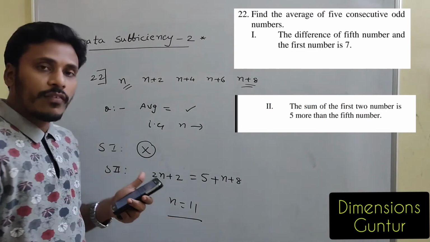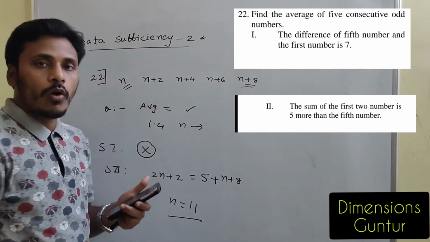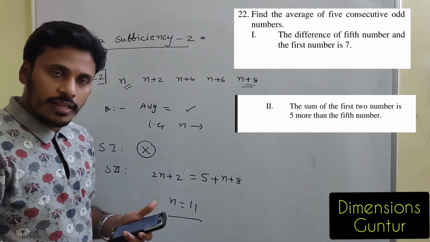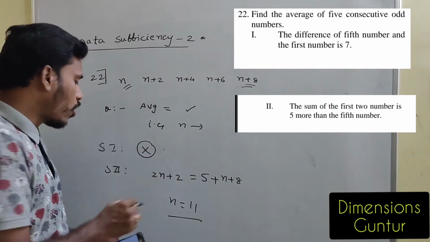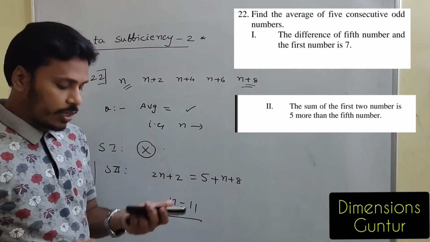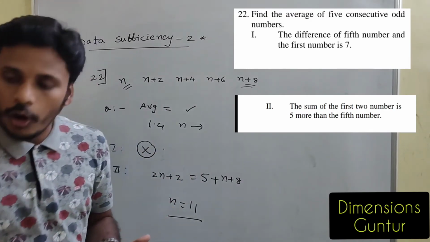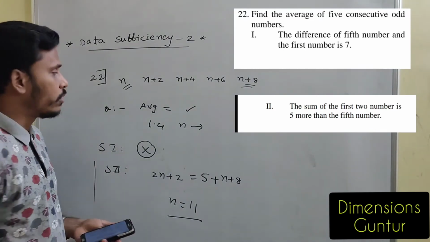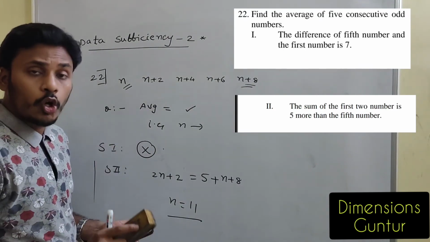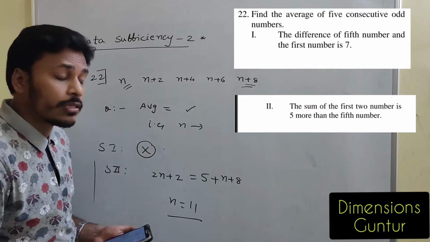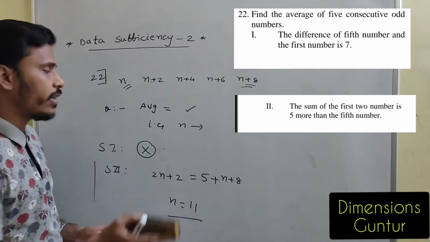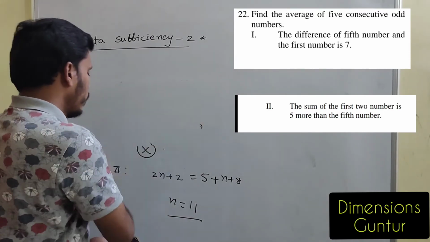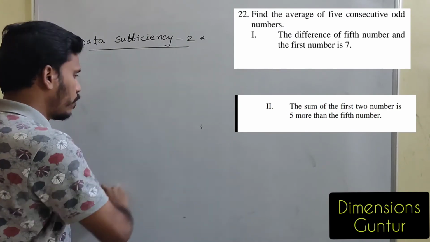Since n is equal to 11, you have all the 5 odd numbers and we can easily calculate the average. So statement 1 is clearly wrong and statement 2 alone is sufficient to answer the 22nd problem. No need to calculate, you just need to analyze whether it is sufficient or not. That's enough.